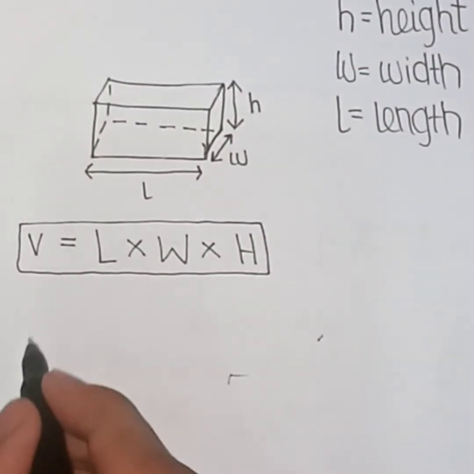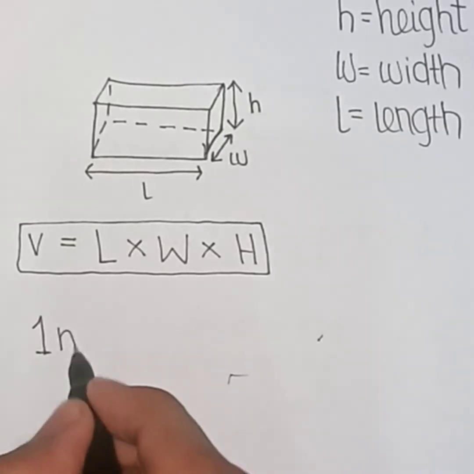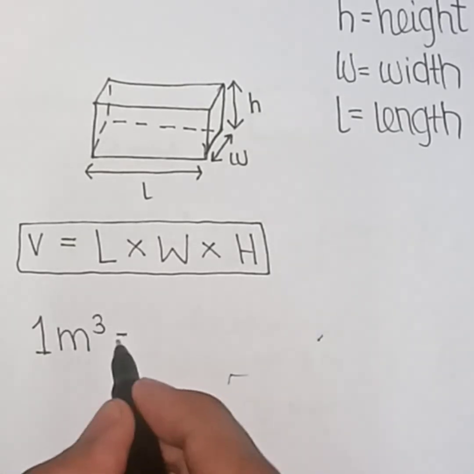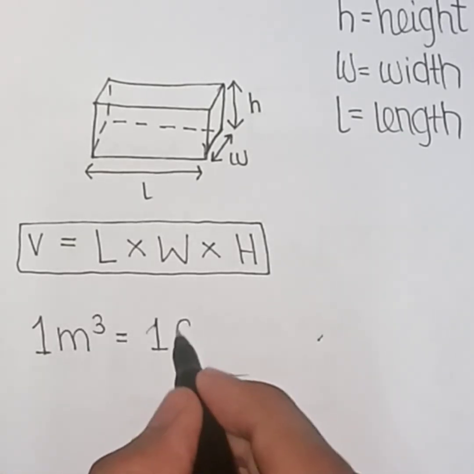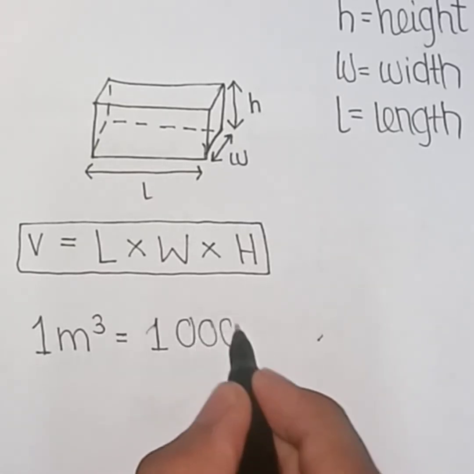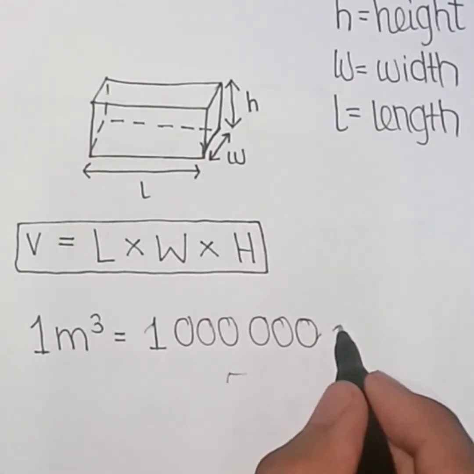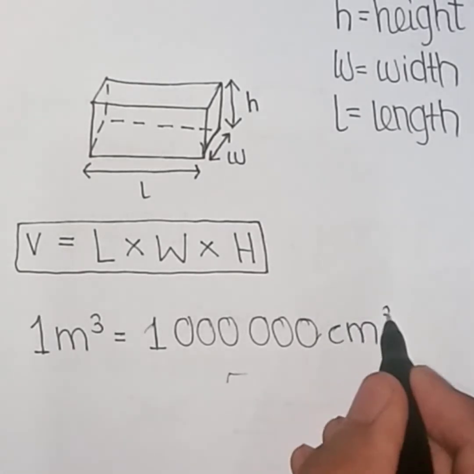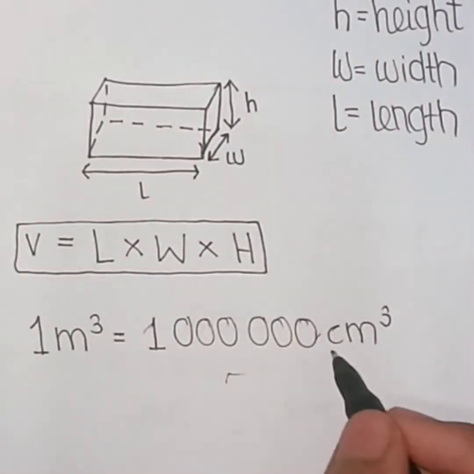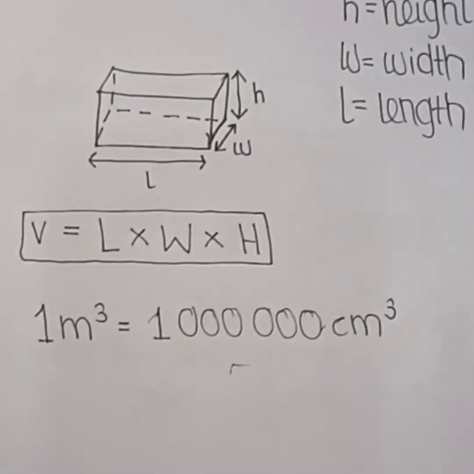Also, you need to memorize that 1 cubic meter is equal to 1,000,000 cubic centimeter, or centimeter cube, whatever you want to say.